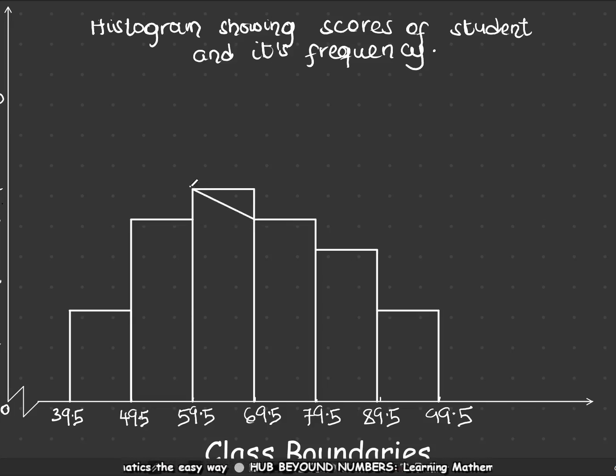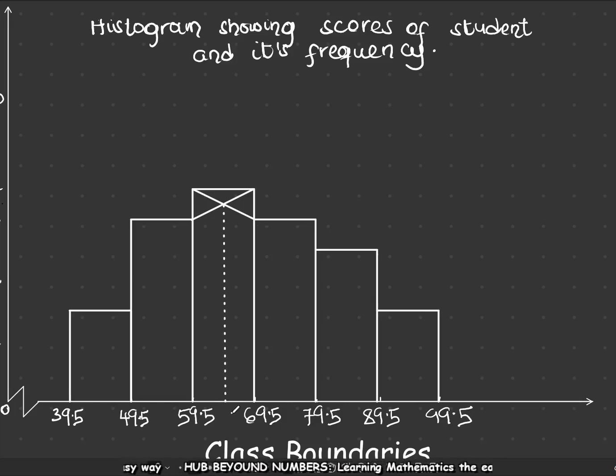So from this corner to the corner of its adjacent class. Then I join this one also to this side. After which I trace the point of intersection of these two lines downwards. I'm going to trace this all the way down.